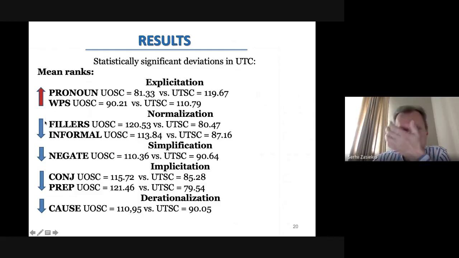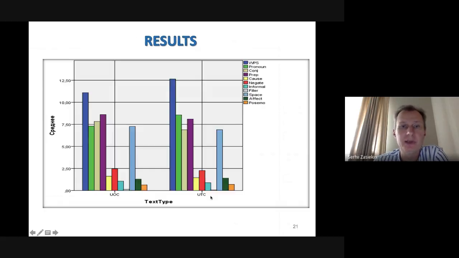And all the rest, fillers, informal speech markers, negative constructions, conjunctions and prepositions, and causal markers decreased, as SPSS showed. So we defined explicitation as a deforming tendency, along with normalization, simplification, implicitation, and rationalization.